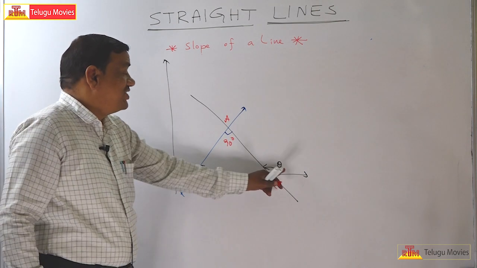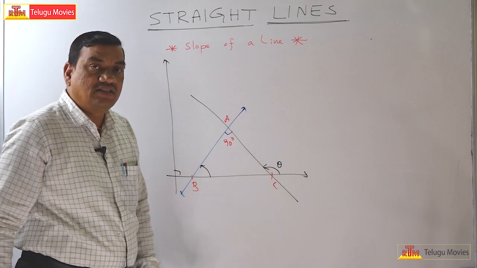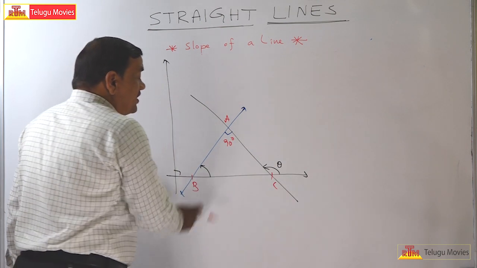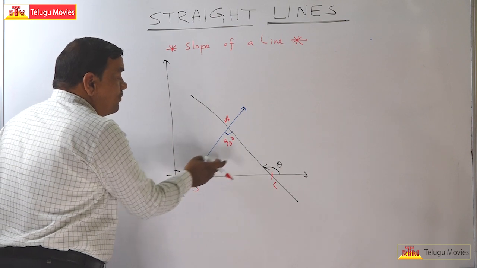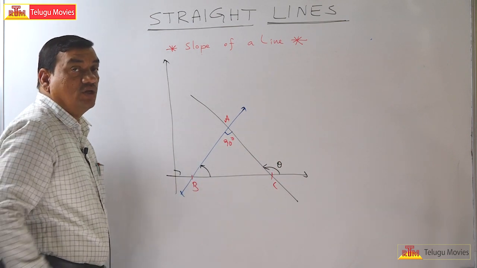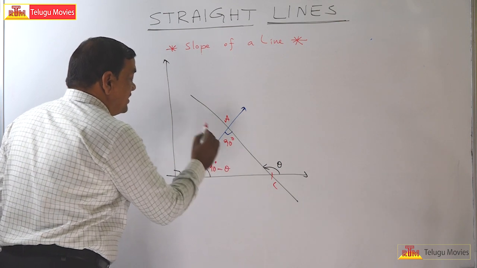We know that the exterior angle is equal to the sum of the interior opposite angles. So already it is theta, this is 90. What should be the angle here so that if you add both you get the exterior angle?